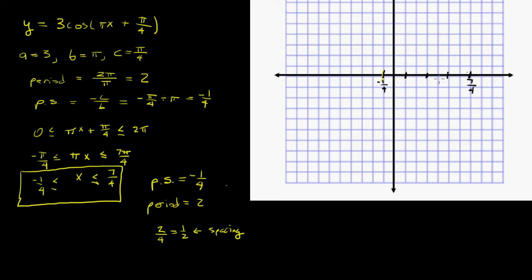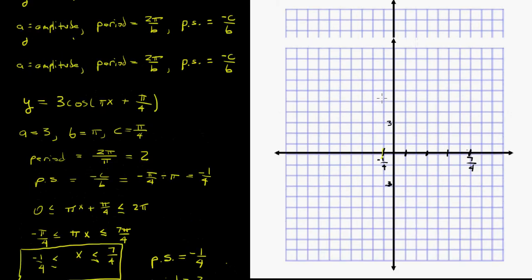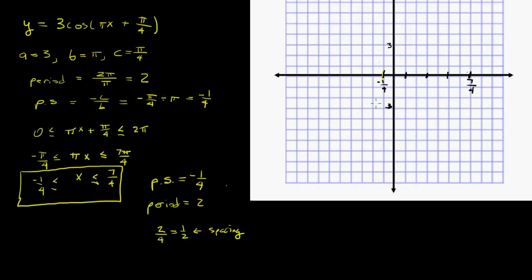Okay, we're almost there. We want to make the graph. The amplitude is 3, and we'll go ahead and just let each box be 1 unit in length. So 3 is there, and then the lower part of our graph will be down here at -3. We should have our original form in mind for the cosine function.